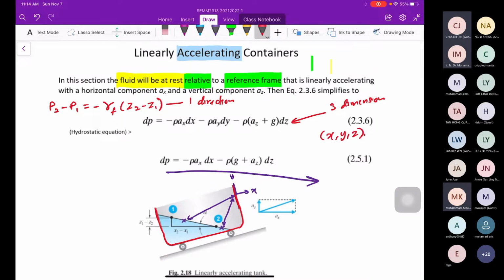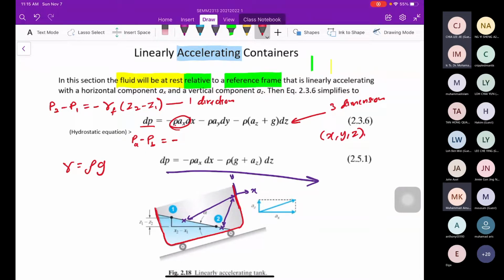That is why dP here, basically the change of pressure at point A and point B, equals negative, you can see I have the negative as well, rho g. Rho g is basically the gamma, because gamma is equal to rho g. g is the gravitational acceleration.